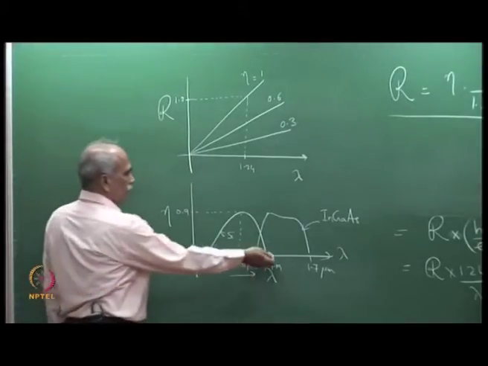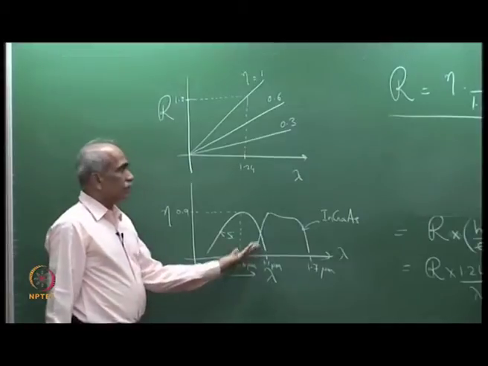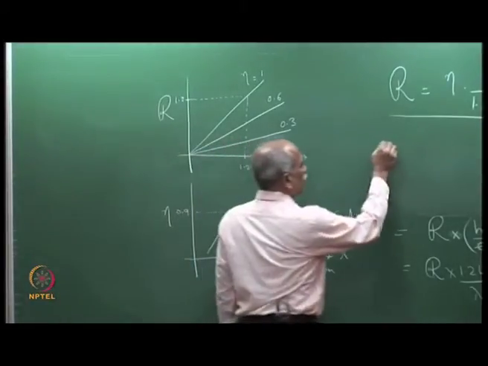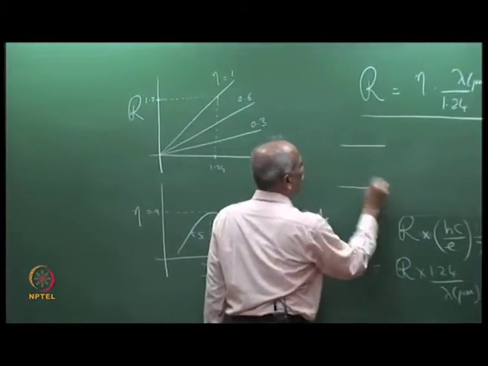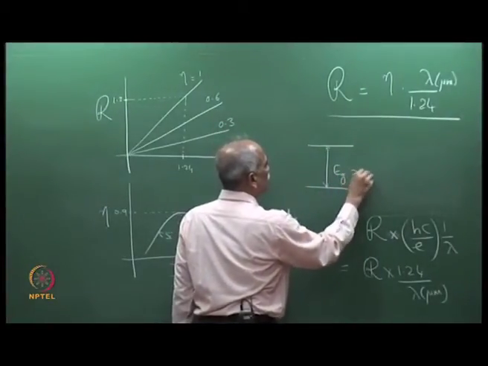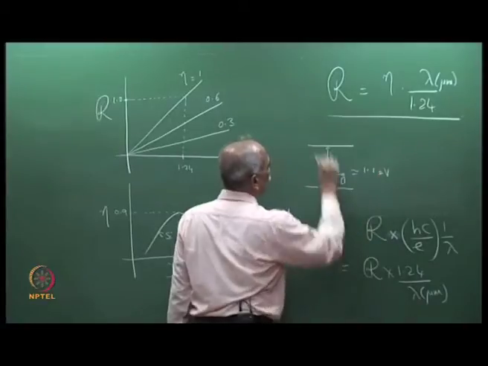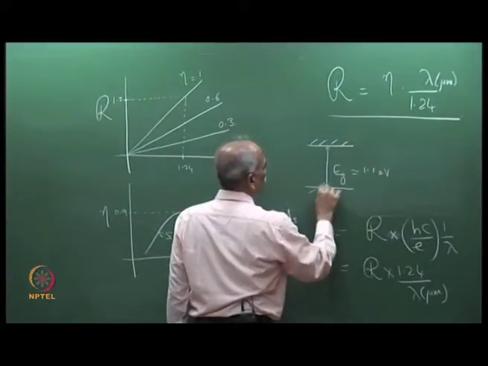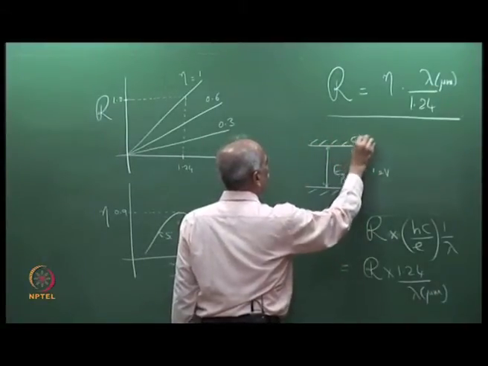The longer wavelength end, it is obvious, because for a given material like silicon, silicon has a band gap Eg here. So, Eg is 1.1 electron volt. So, this is the conduction band and the valence band.